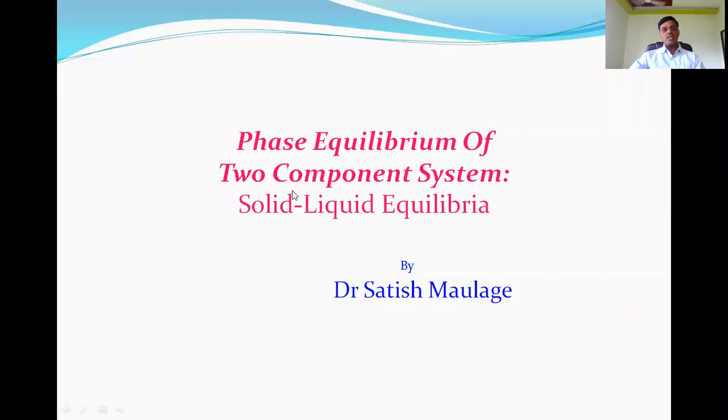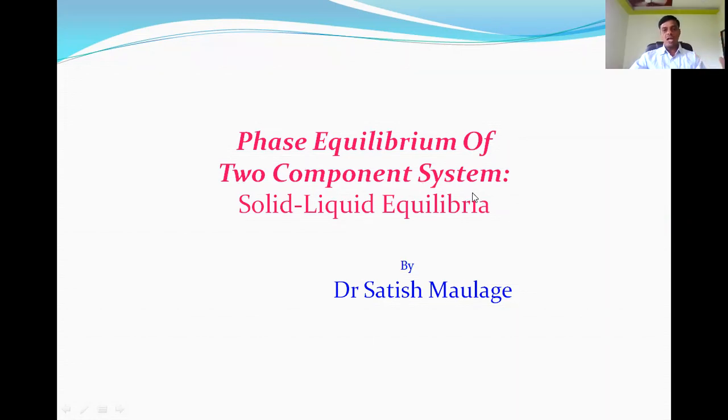That is why it is also said to be a solid liquid equilibrium, because as we know that in the water system all the three phases, that is solid ice, liquid water, gas water vapors, all the three phases exist. But in all the examples of two component system, they do not have the vapor phase.